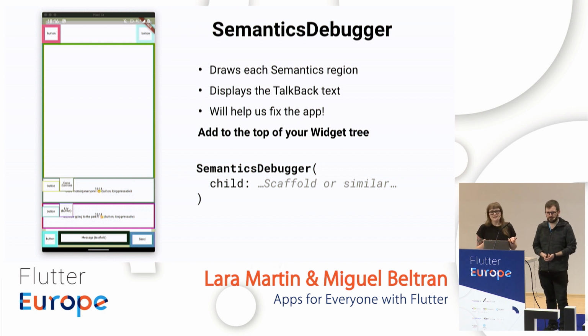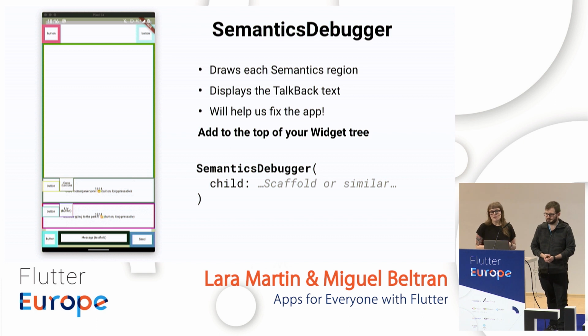To help you debug all your labels, Flutter gives you the awesomest widget. I think it's the awesomest one, which is called Semantics Debugger. This visualizes what the semantics for the child are. You can use it to wrap your widgets, and in this example, we wrap the whole Scaffold.